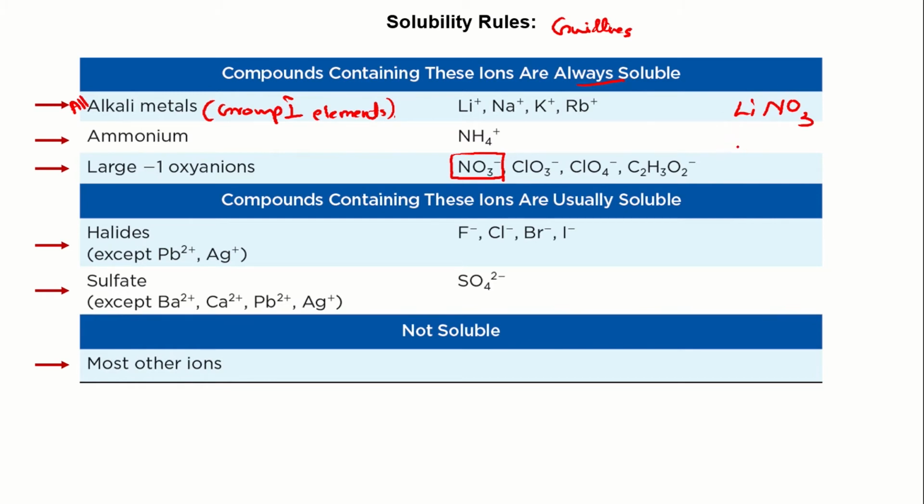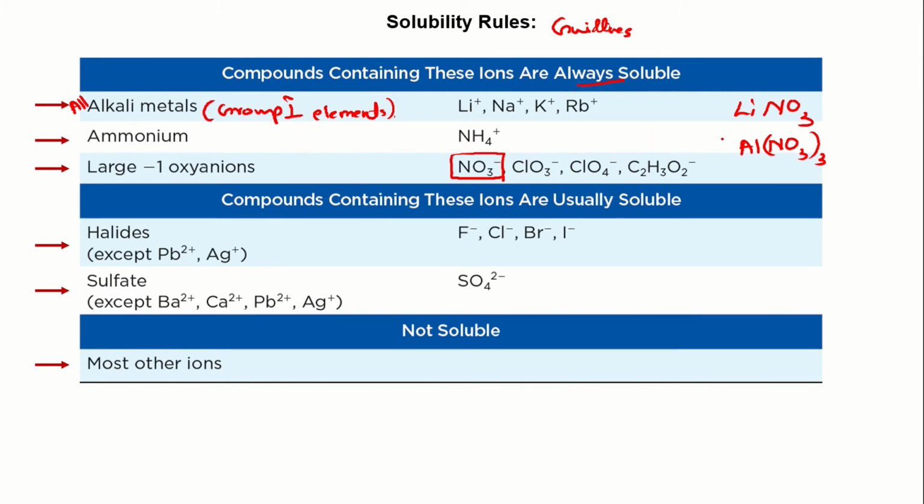Let's take another compound like aluminum nitrate. Now you don't find aluminum anywhere in this always soluble list.